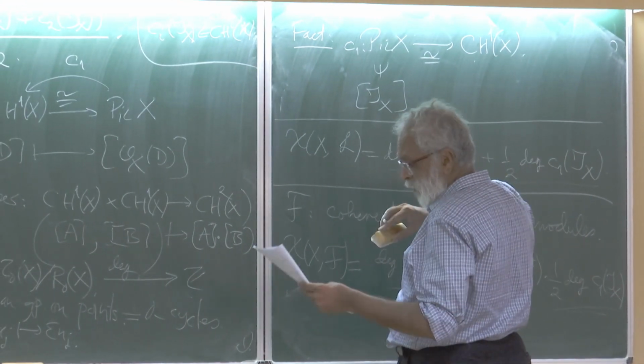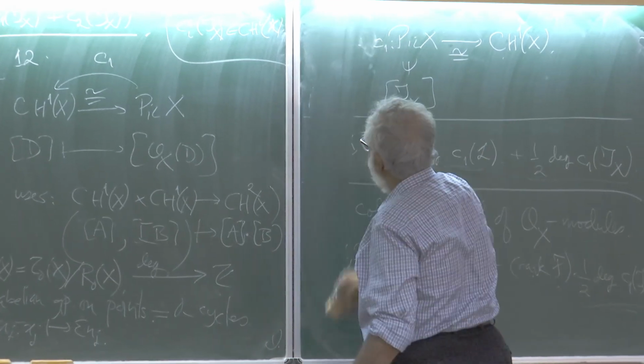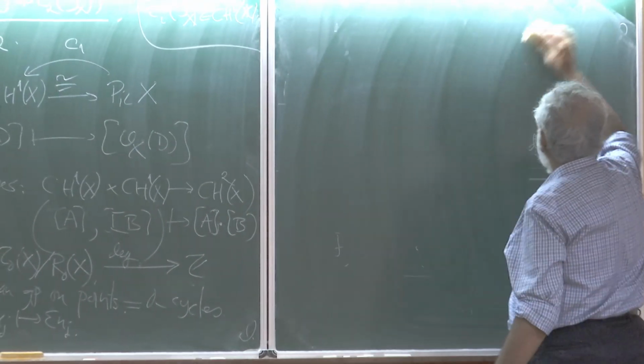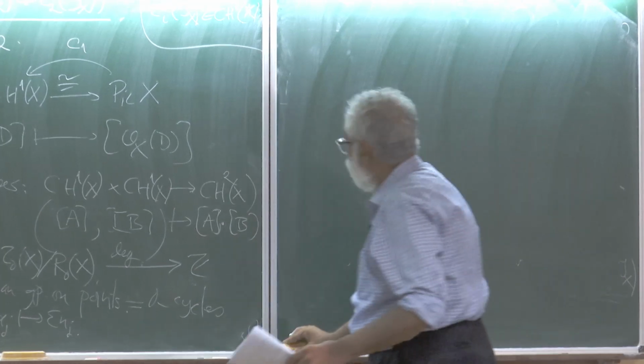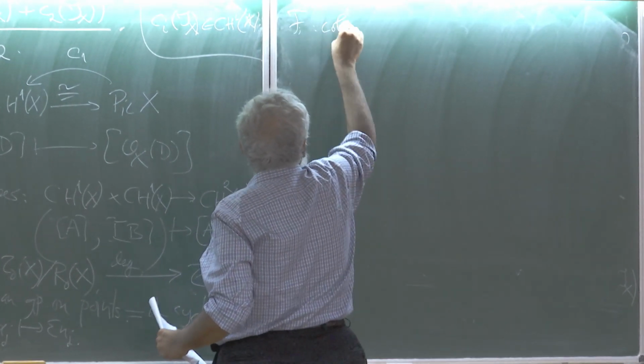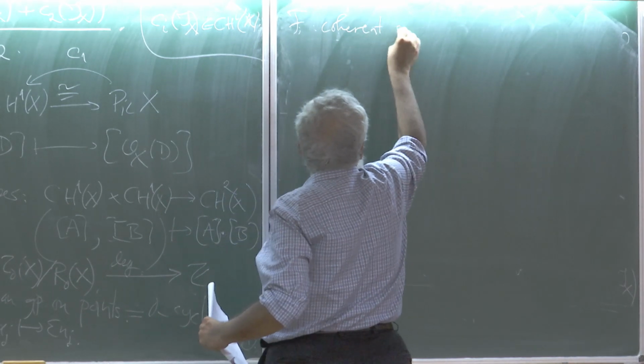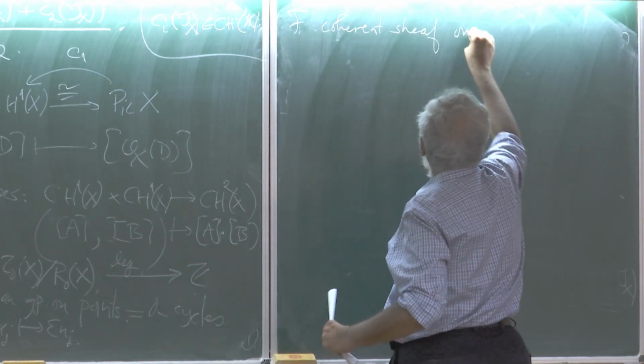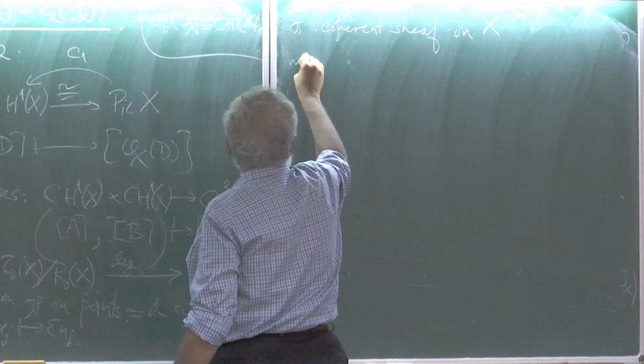Oh, maybe for a surface I should say what it is for a sheaf. Yeah, that's also not without interest. So F is a coherent sheaf. Then I have several things associated with it.